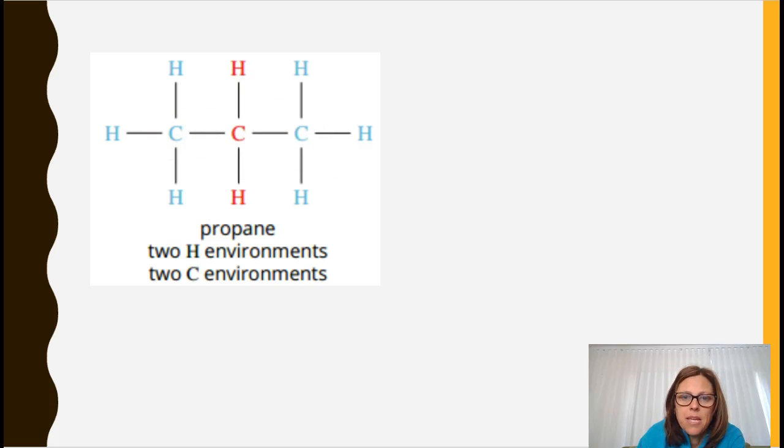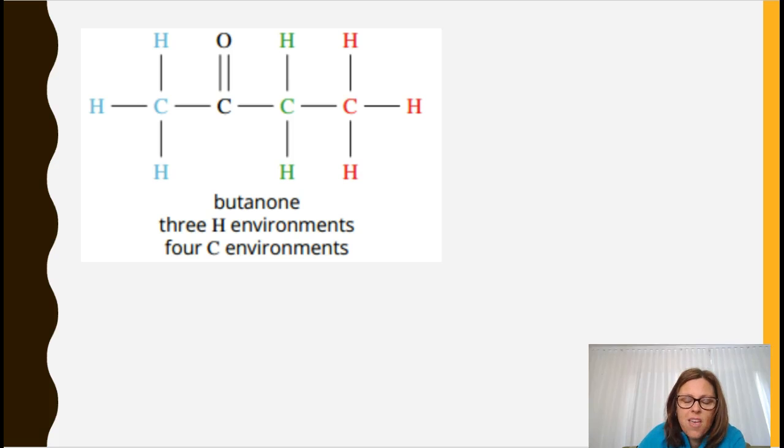Now, how many carbon environments have I got? This carbon is attached to a CH2, this carbon is attached to a CH2, so they're the same carbon environments. But this carbon here is attached to a CH3, and this carbon here is attached to a CH3, which gives a different chemical environment.